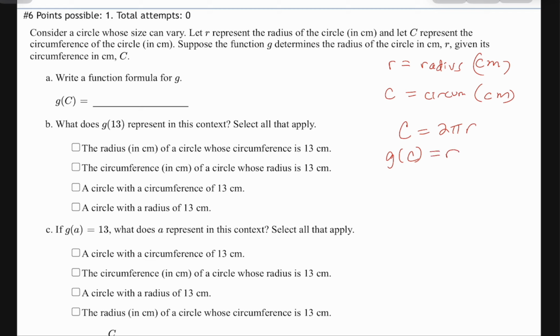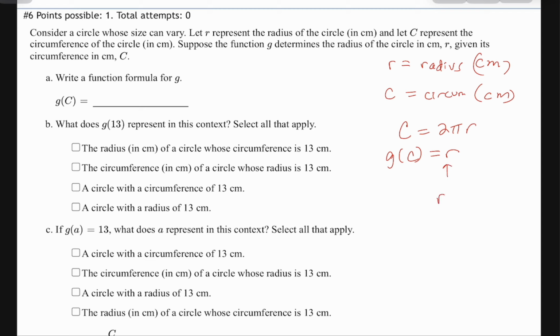So we want to rearrange the equation here so that we can plug in c and get out r. Okay, so let's take this equation and let's solve it for r. We want to solve it for r.